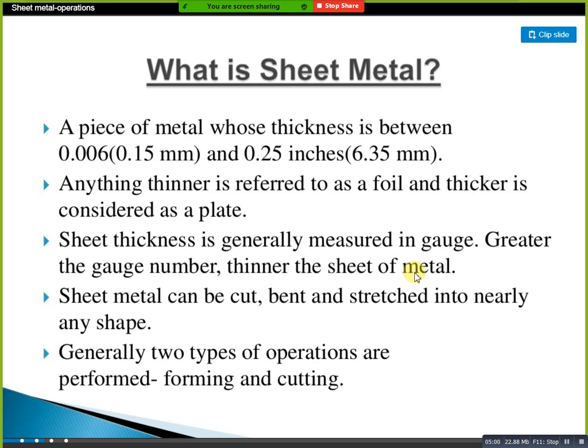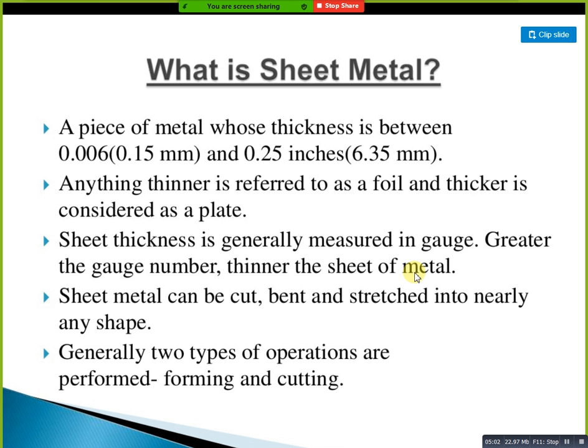If you have a higher gauge, 8, 10 or 12 gauge, your sheet thickness decreases. If you have 2 gauge or 4 gauge, you have more thickness. If the gauge number is high, your thickness decreases.